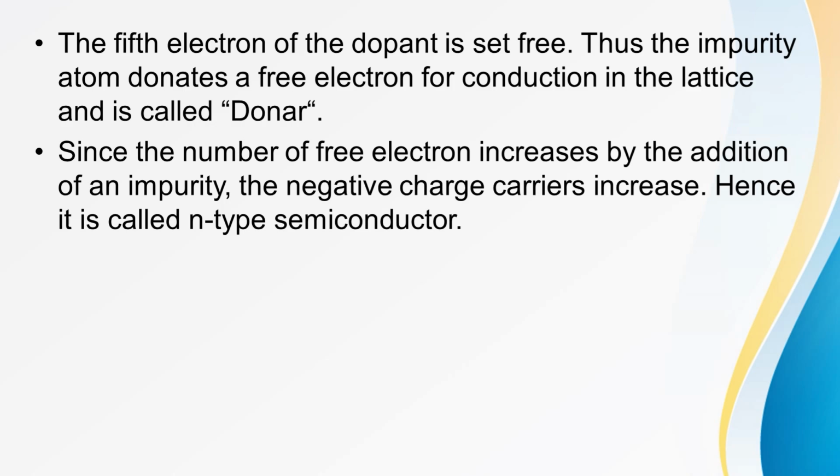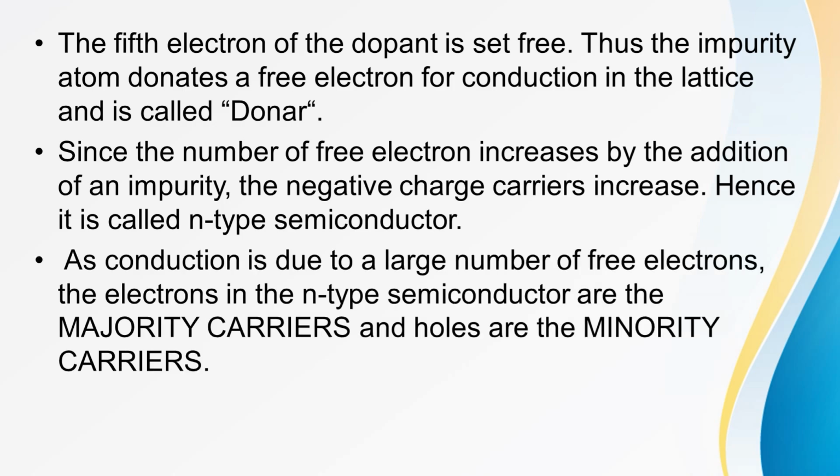Hence, it is called an N-type semiconductor. As conduction is due to the large number of free electrons, the electrons in the N-type semiconductor are the majority carriers and holes are the minority carriers. Holes are the vacant spaces and these holes are assigned a positive charge.